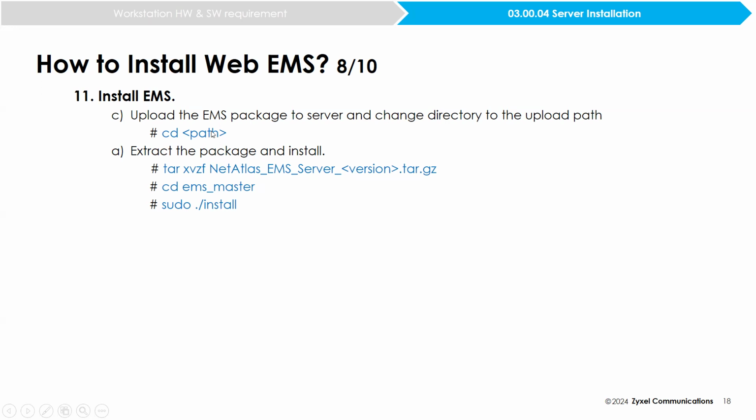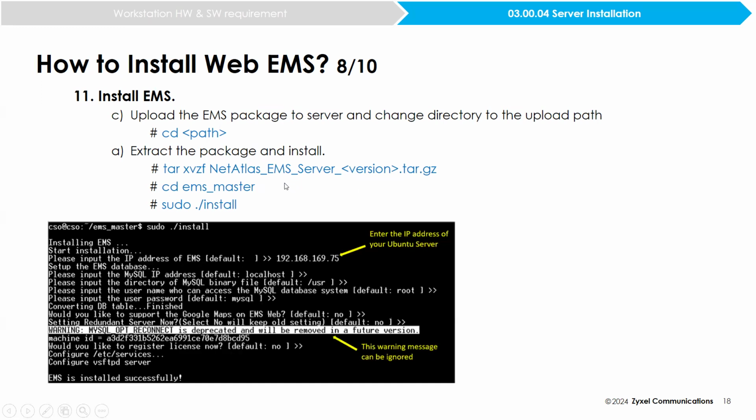After we make sure the image file has been transported to the Linux server, we use this command to go to the path where the EMS image file is. Then we use the command shown here to unzip the image file, move it to the target folder, and use this command to start installation.